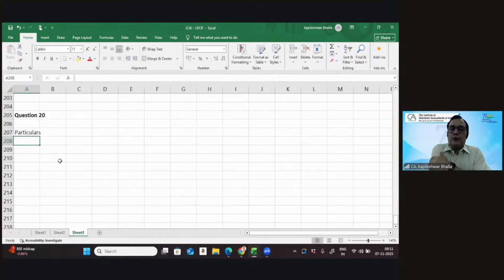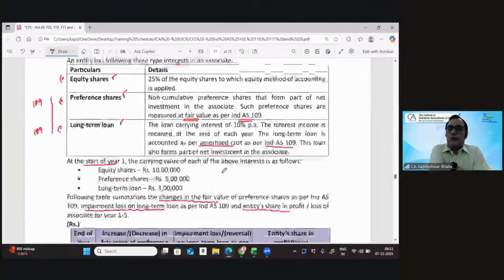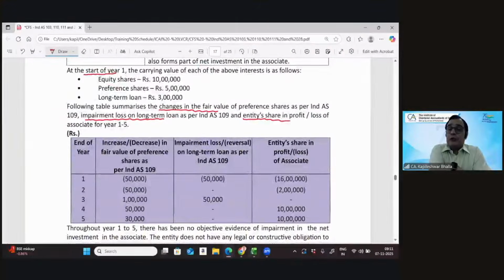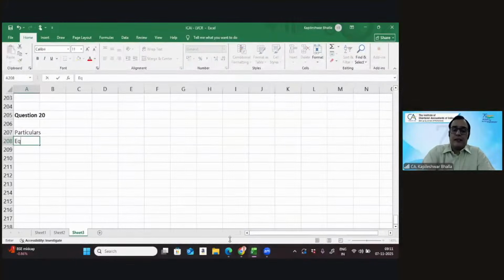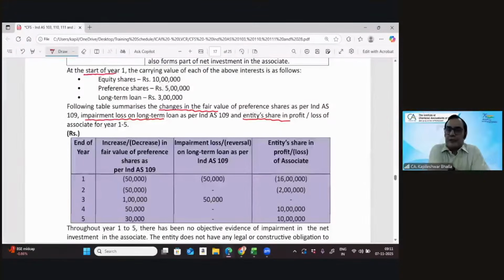So we've got equity shares, preference shares, and long-term loans. Let's put down equity shares, let's put down preference shares, and let's put down long-term loans. So this is the status of the three categories of investments: equity share, preference shares, and loan.